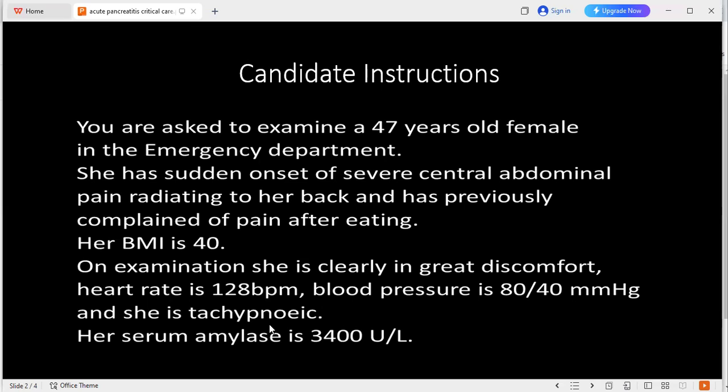ARDS, can you describe it? ARDS is acute respiratory distress syndrome. There is V/Q mismatch, and it is due to pleural effusion and pulmonary edema.